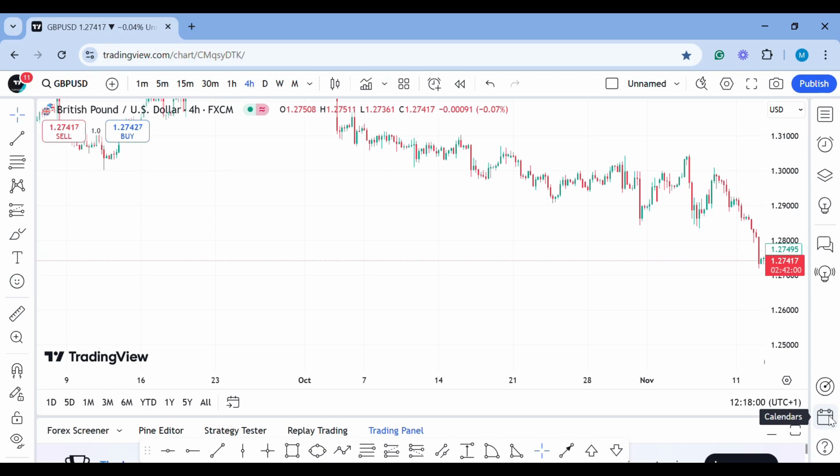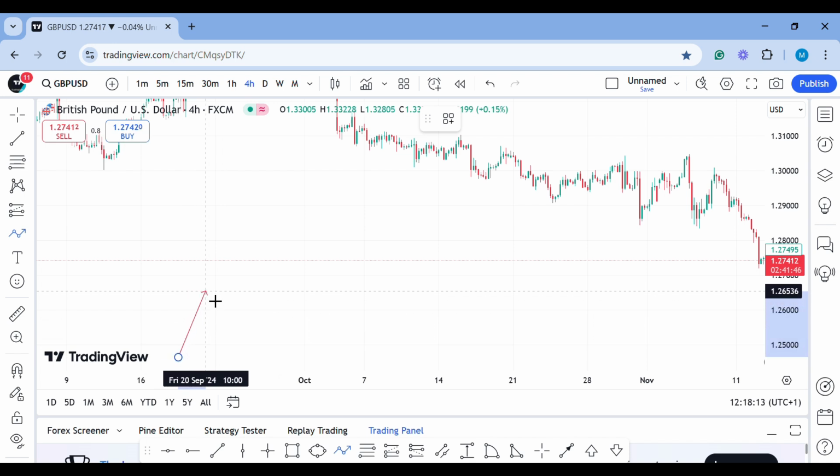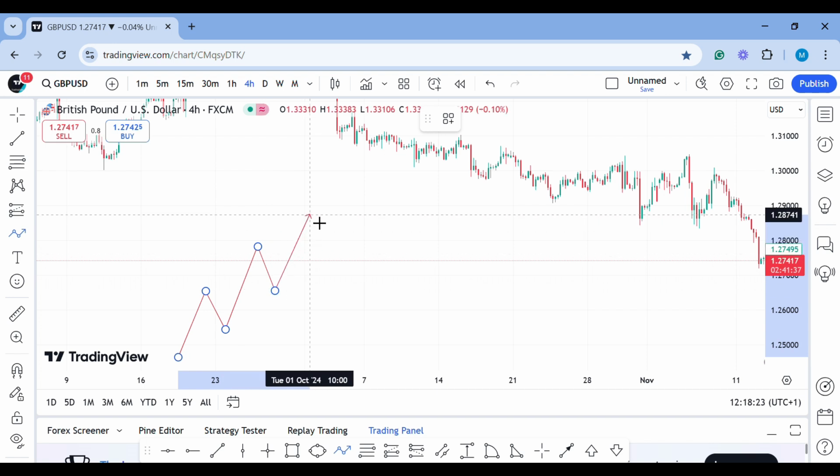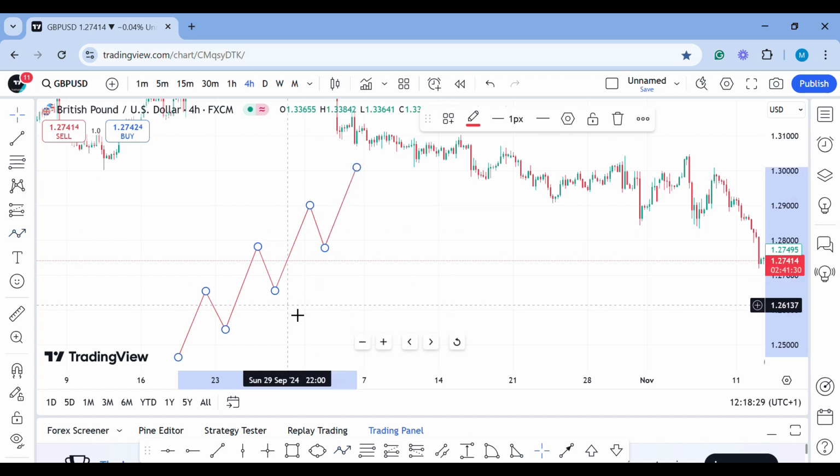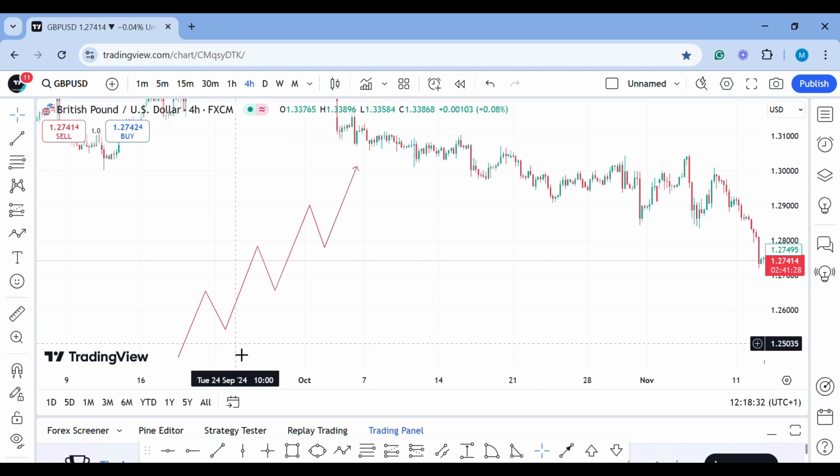Before identifying the structure on the chart, let's do a textbook template of market structure. In an uptrend, this is what you see: low, high, lower high, higher high. This is what we see in an uptrend.